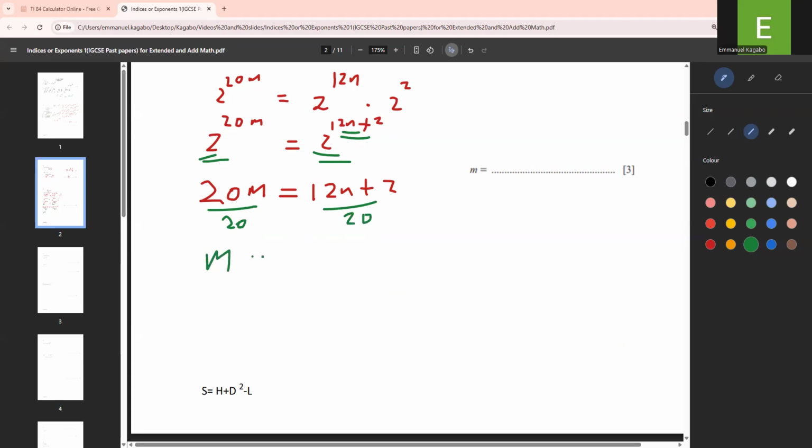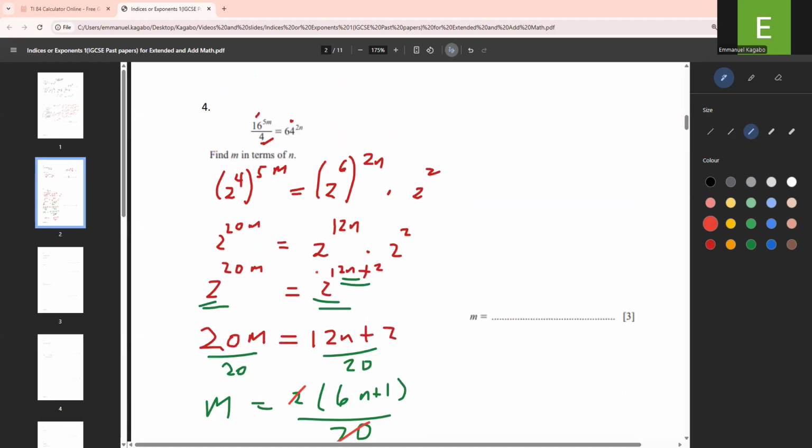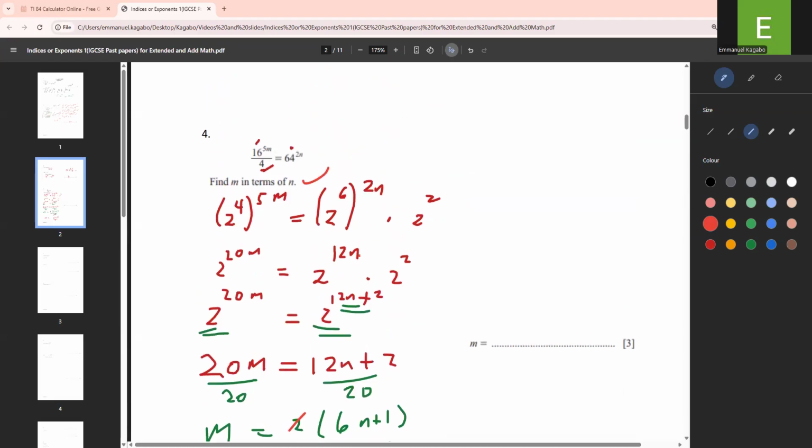Now my m will be equal to, can I factorize 2, guys? Then here I'll get 6n plus 1, all of this over 20, and then divide by 2, simplify. So the final answer will be 6n plus 1 over 10, right? That is it. Very good, because they said find m in terms of n.